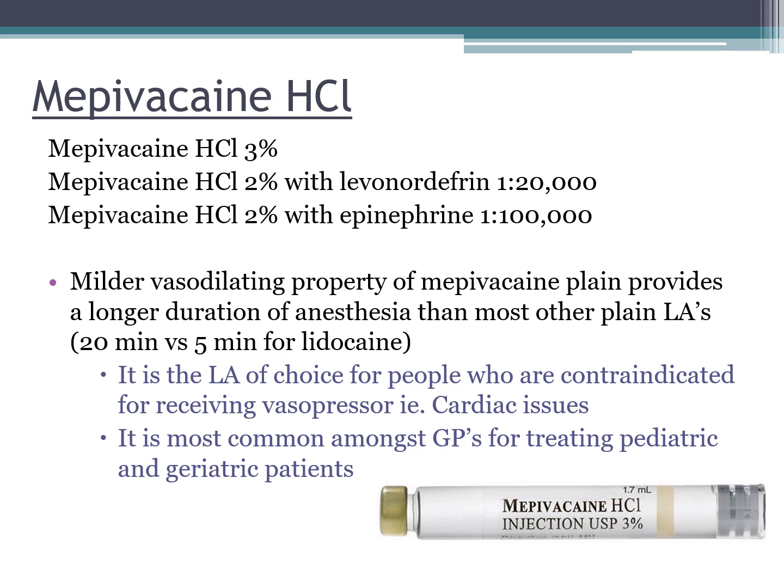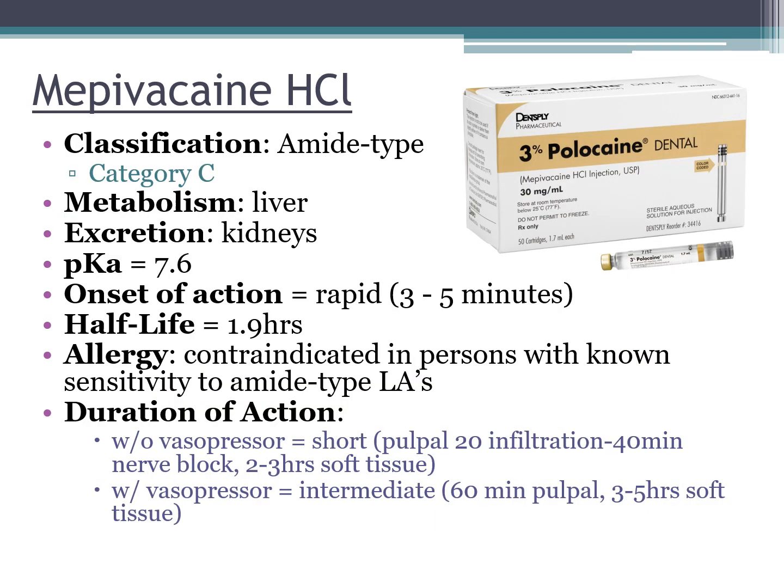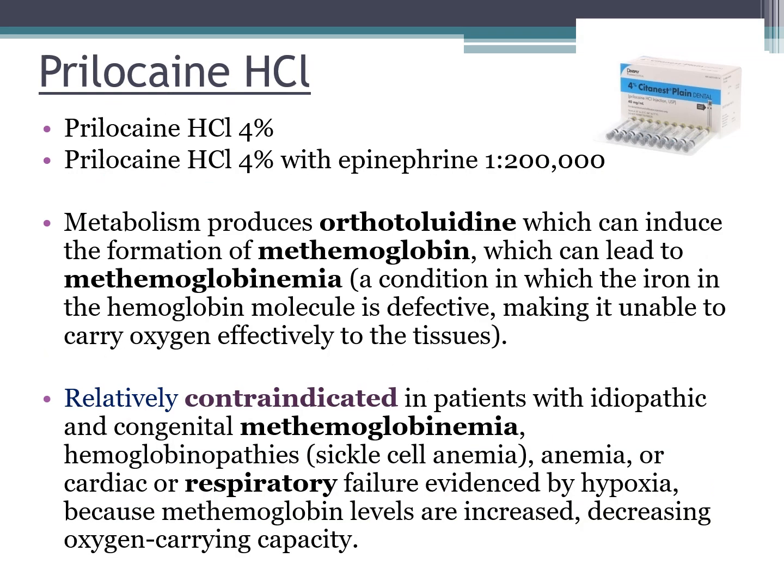It is the most common among the GPs for treating pediatric and geriatric patients. Mepivacaine HCl is an amide type, metabolized in the liver, excreted in the kidney, rapid onset. It is contraindicated in persons with known sensitivity to amide type local anesthetics.